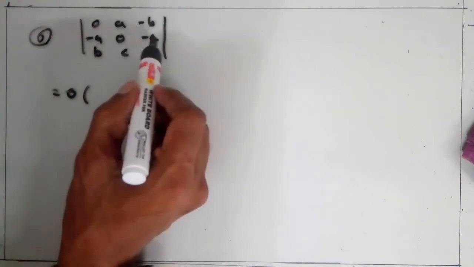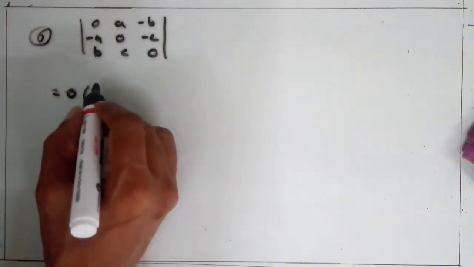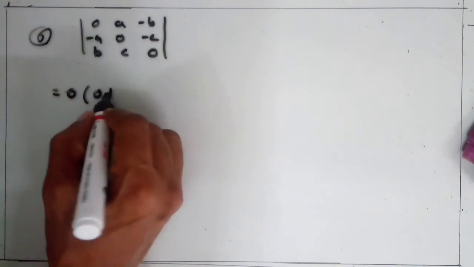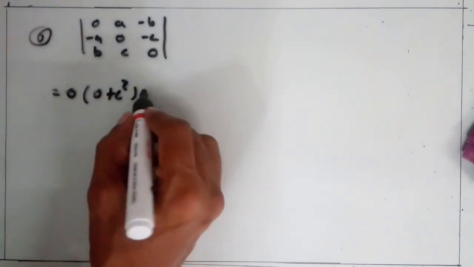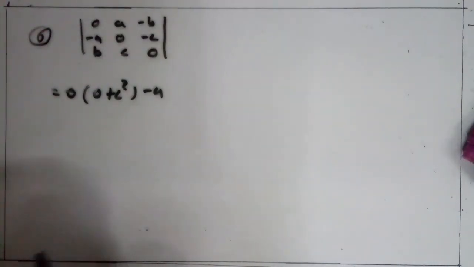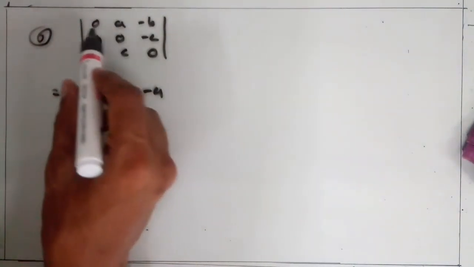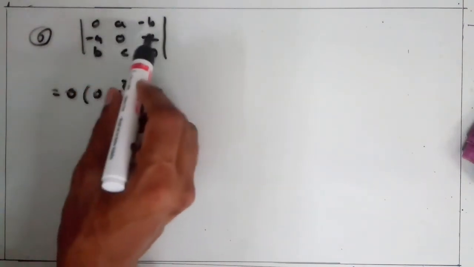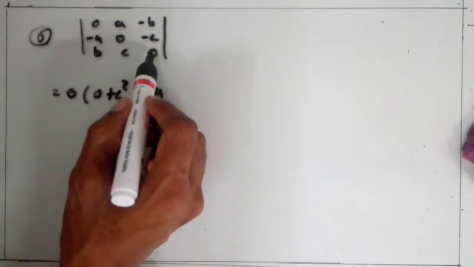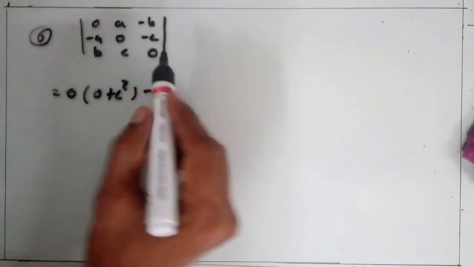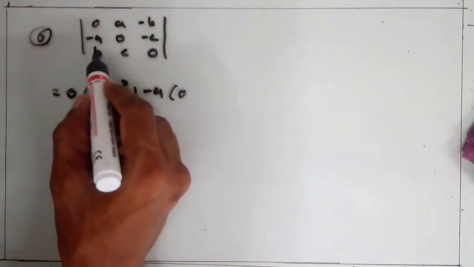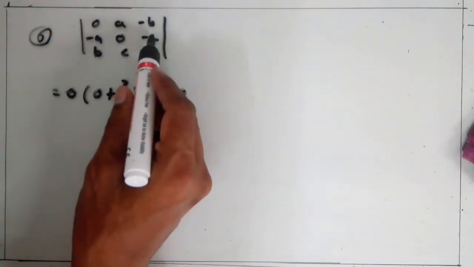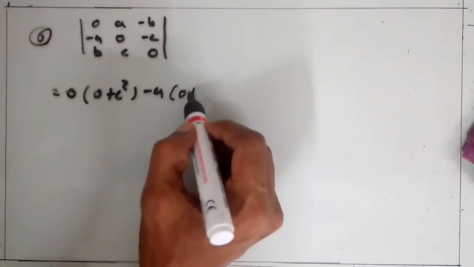So 0 minus this becomes 0 minus minus plus BC. Then minus A into the second entry, removing its row and column, so we get the determinant minus A, minus C, B, 0, and its value is minus A into 0 becomes 0, B into this and subtract this, so minus minus plus BC.